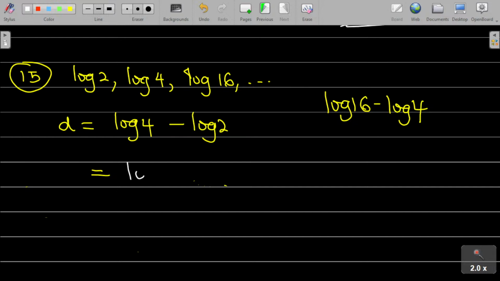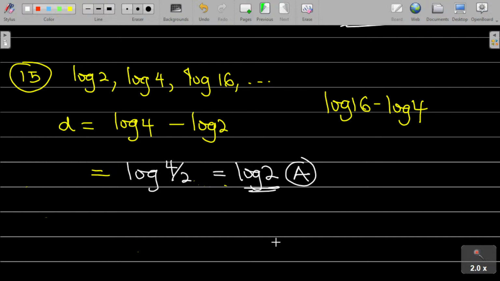You know that in logarithm, subtraction will change to division. So we have log 4 over 2, and so your answer is going to be equal to log 2. And do you have log 2 in the options? Yes, that is option A. So your A is the solution of that question.